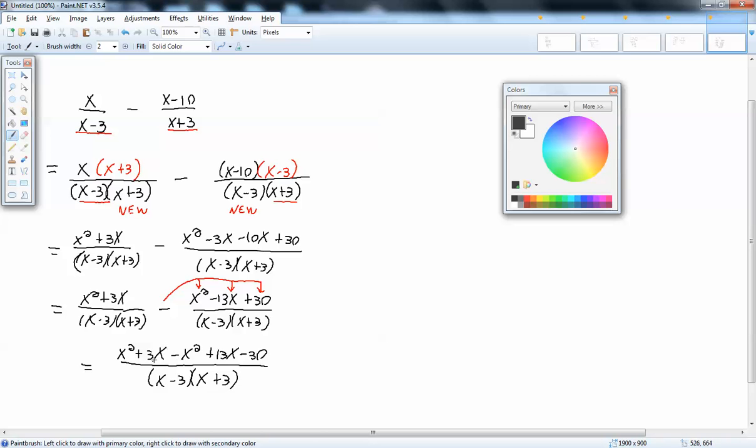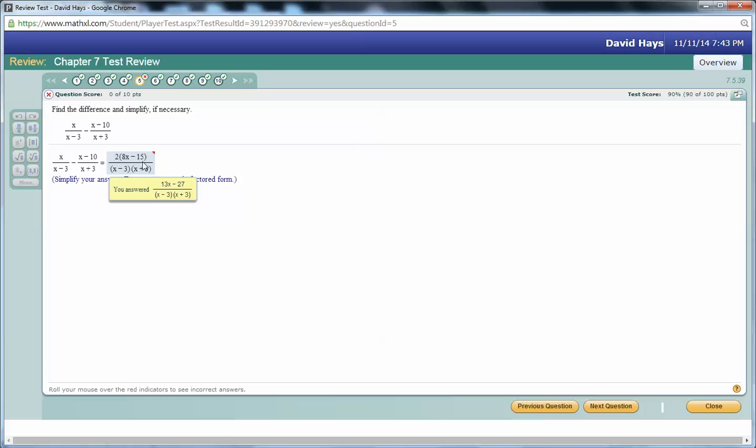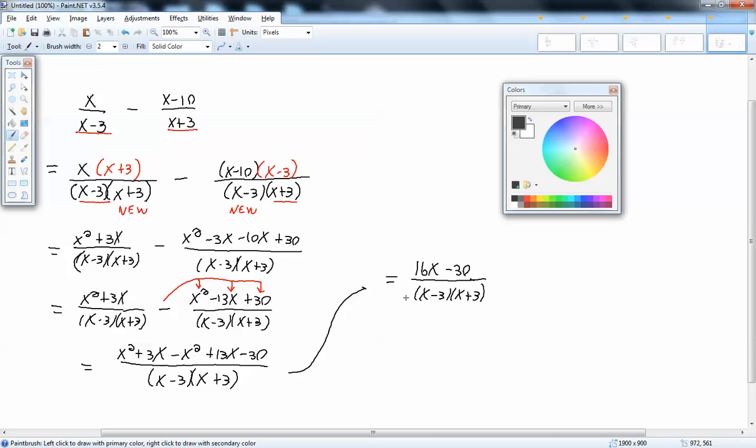But I must have just dropped the x here if I had to guess. Okay, combine together like terms. x squared minus x squared drops away. 3x plus 13x is 16x minus 30 over x minus 3, x plus 3. I think my eyes got off, because I remember 3 minus 30 gives us negative 27, which would correspond with my 13x minus 27.